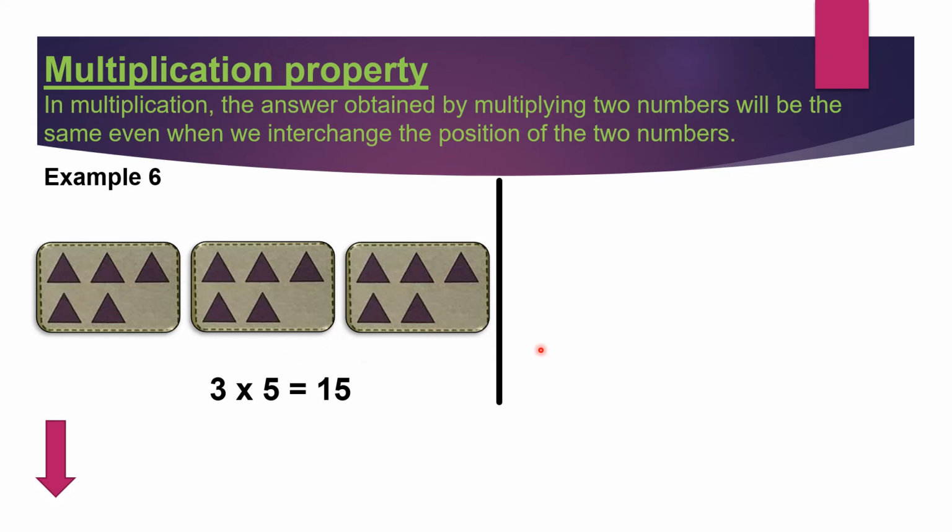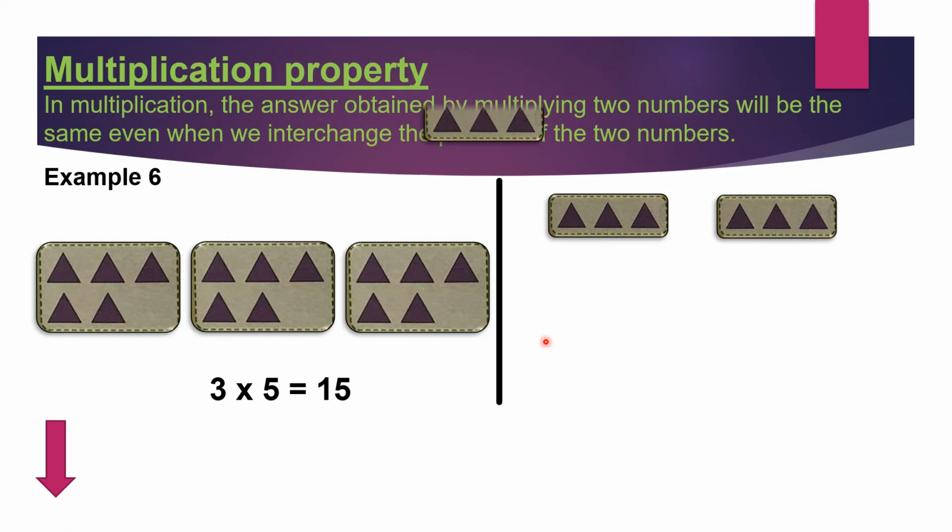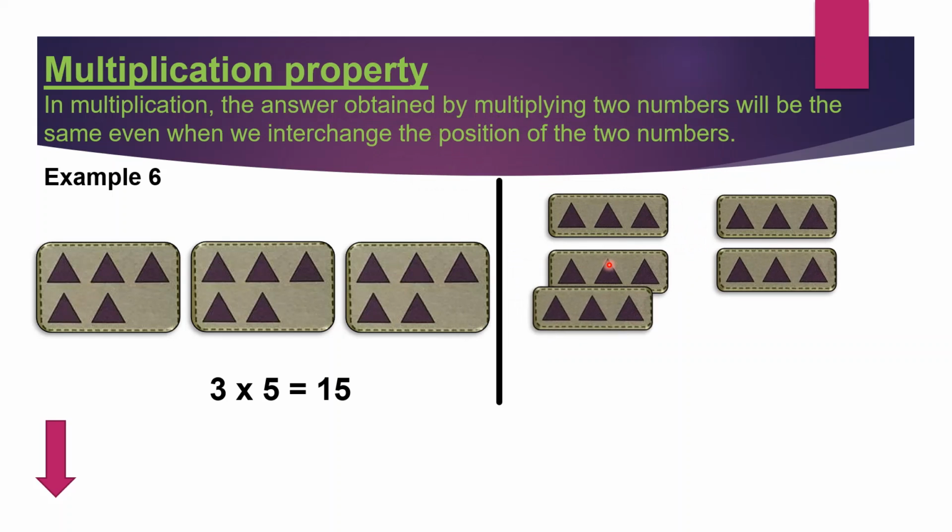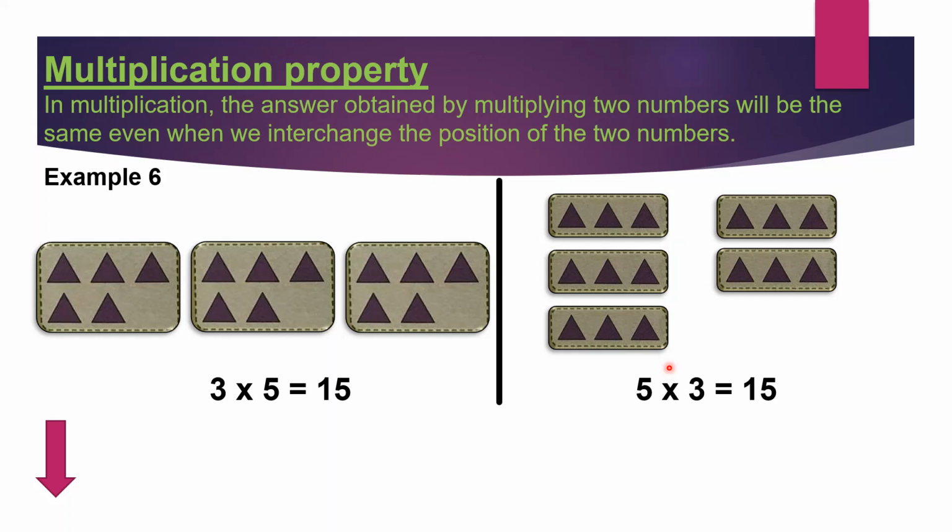Next, we have another. How many groups? 1, 2, 3, 4, 5. How many triangles in one group? 1, 2, 3. So there are 5 groups times 3 in each group, which equals 15.